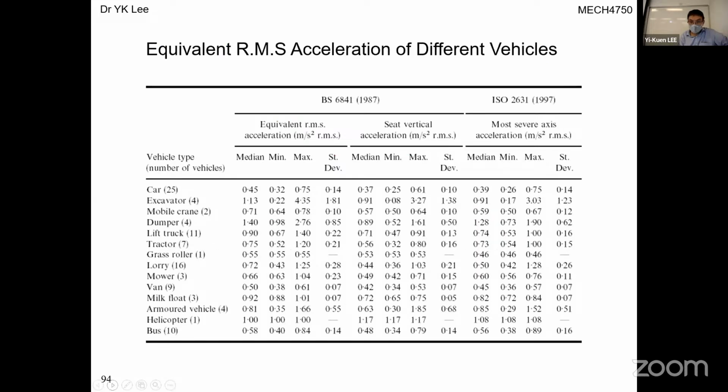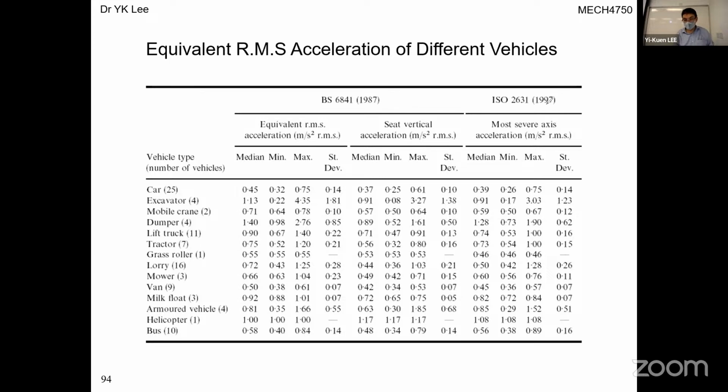Here this shows what a typical root mean square vibration is for different vehicles: car, mobile crane, lift truck, tractor, bus, helicopter, van, mower, and lorry. You see different vehicles have different vibration responses in terms of root mean square.